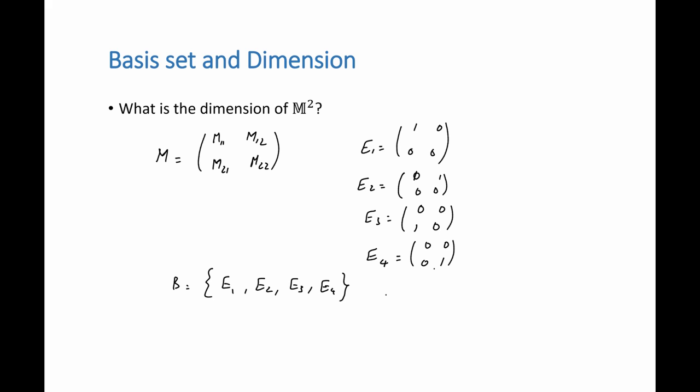Also any matrix in M2 can be represented as a linear combination of these vectors as M is equal to M11 E1 plus M12 E2 plus M21 E3 plus M22 E4. Therefore, M2 has dimension 4.